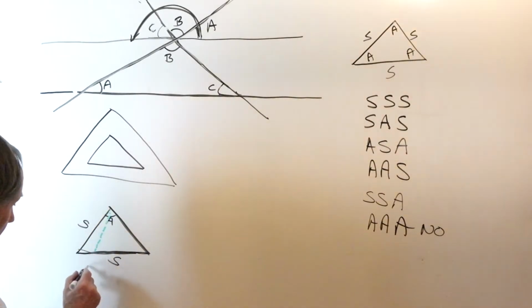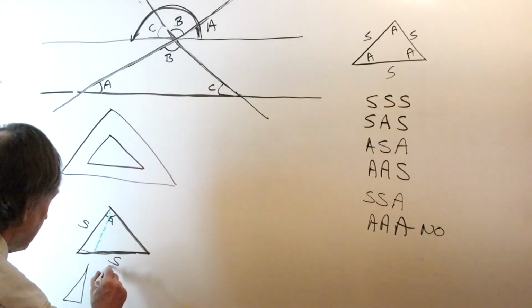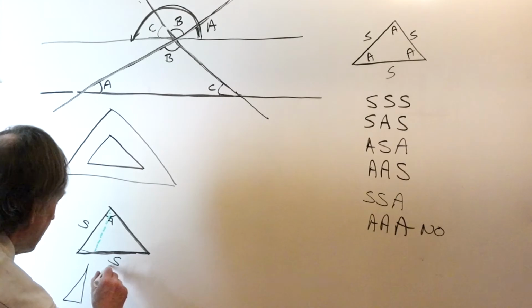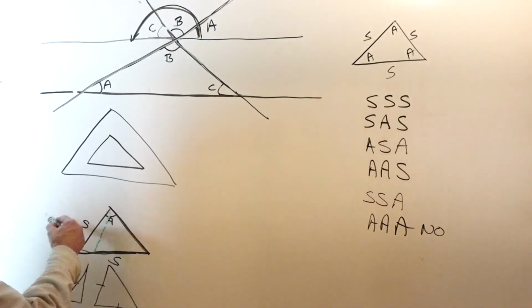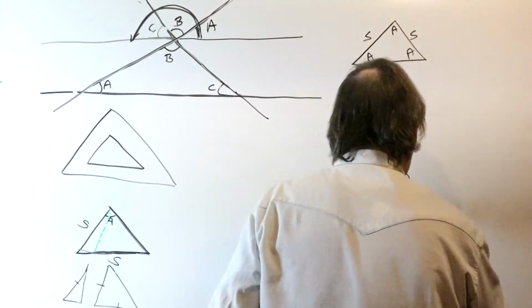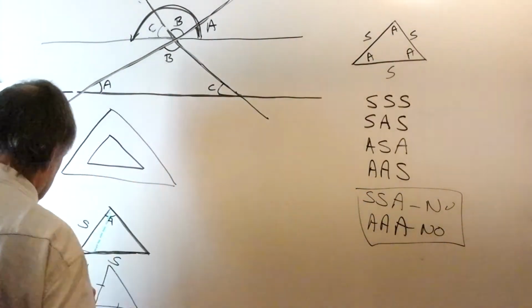But this triangle here is not congruent to this triangle, even though they have this side length and this side length specified. We could just swing this side over to get this triangle. So this will not establish congruency either. So those two cannot be used to establish congruency.